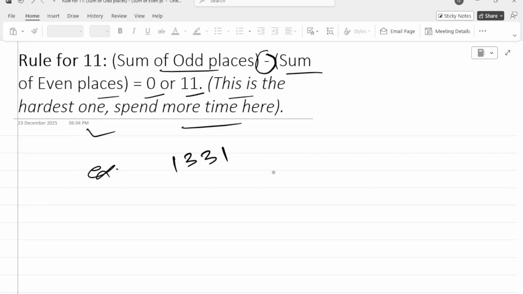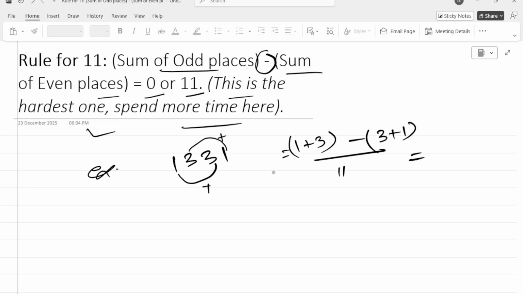For example, 13331. First we add the sum of odd places: 1 plus 3 plus 1. Then we subtract the sum of even places, and check divisibility by 11. If we get 0 or 11, it is completely divisible by 11.